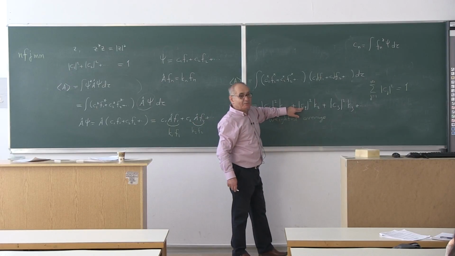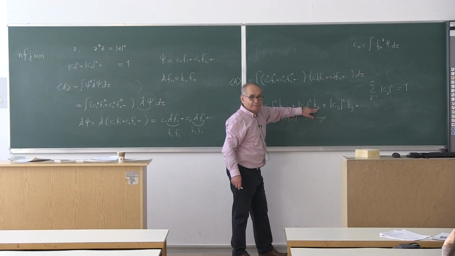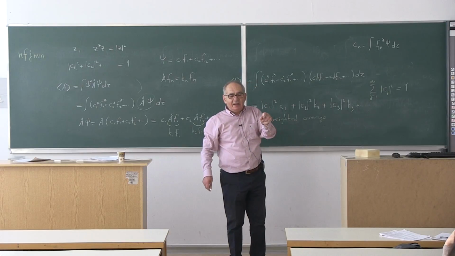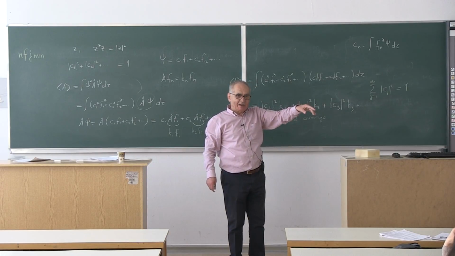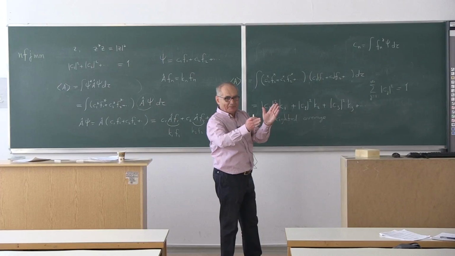C2 square is the probability of observing eigenvalue K2, and so on. So each weight factor is interpreted as the probability of observing that eigenvalue. These ideas fit into probability theory because the sum of the weights is equal to 1.